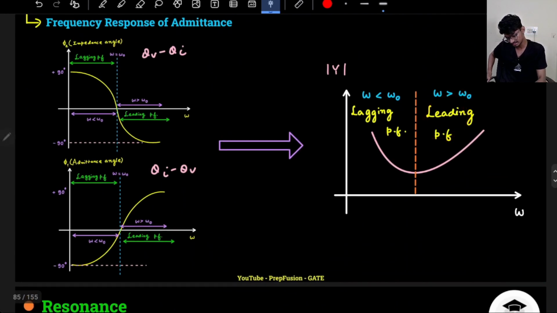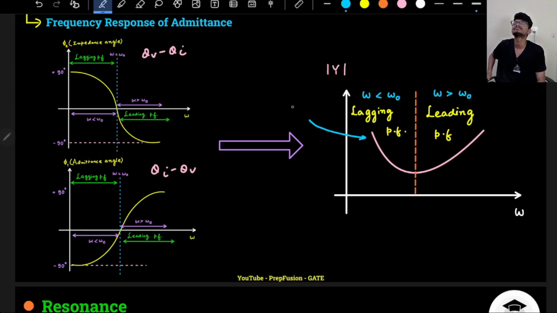So in this region, what is happening? Oh yeah, the capacitor is open circuit.